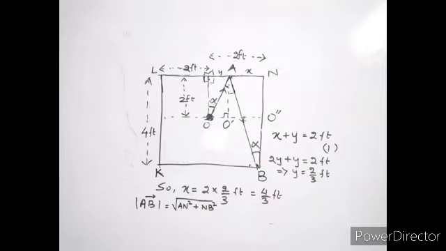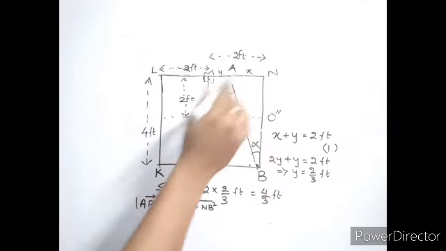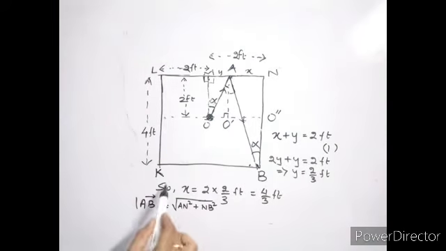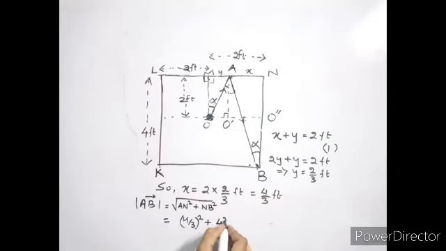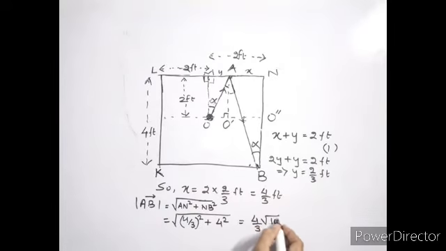We know the value of AN is equal to x, and x is equal to 4 by 3, so 4 by 3 squared plus NB, which is 4, squared, taken whole root over. So we have this value to be equal to 4 by 3 root 10 feet. This is the second value that we were supposed to obtain, and we've achieved that.